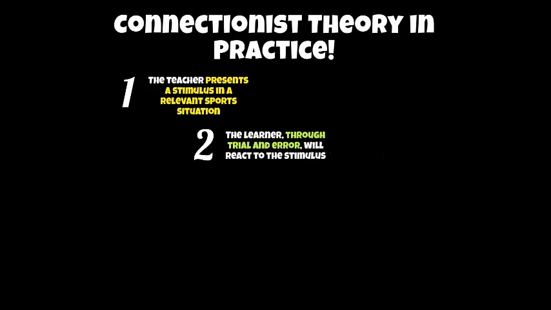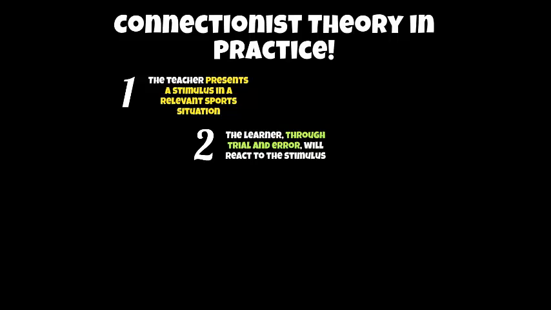So operant conditioning, or connectionist theory, in practice: these are the steps that usually work to succeed in that practice. First thing that happens is a teacher needs to present a stimulus in a relevant sports situation. All right? So they're going to present a puzzle in a sports situation or something to get that learner interested. The learner, through trial and error, will react to the stimulus.